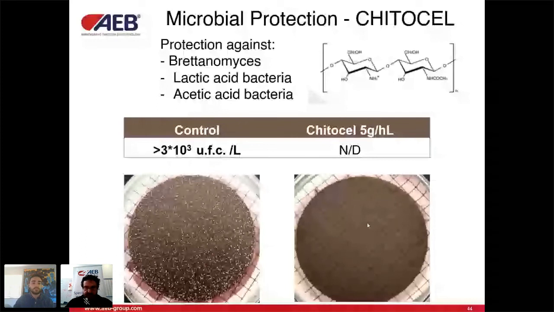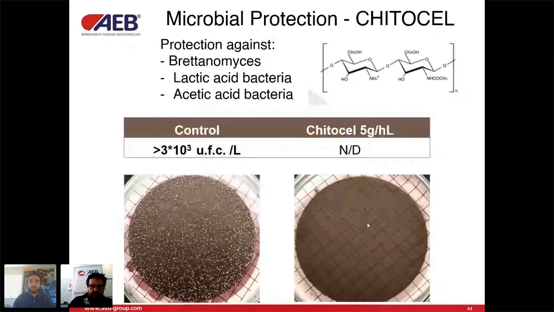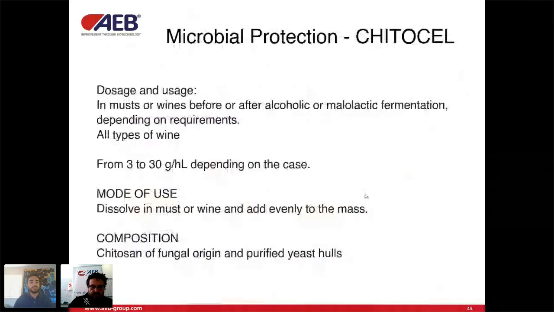And because SO2 can bleach your color, it also improves the color stability of your wine. The usage depends on the contamination of the wine and when you're using it. You can use it at the beginning of the fermentation because it doesn't have any impact on Saccharomyces growth, or you can use it during aging to stop unwanted Brettanomyces.